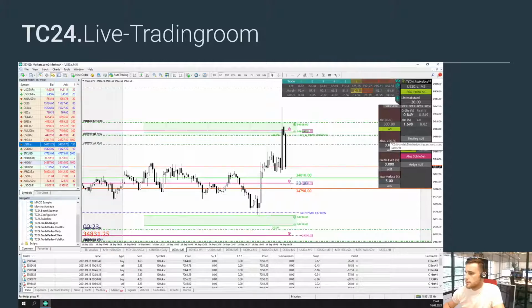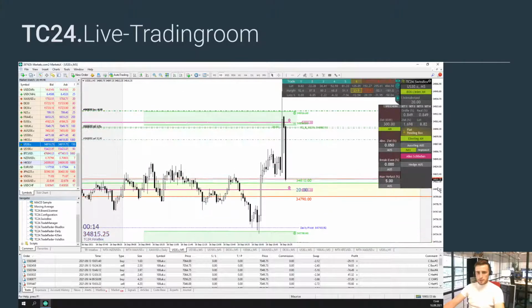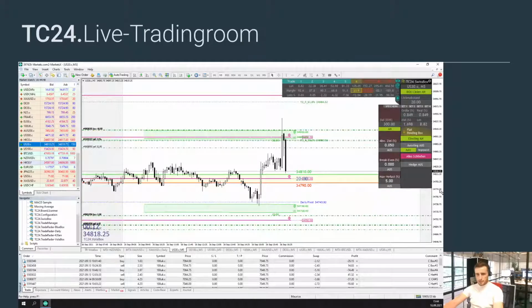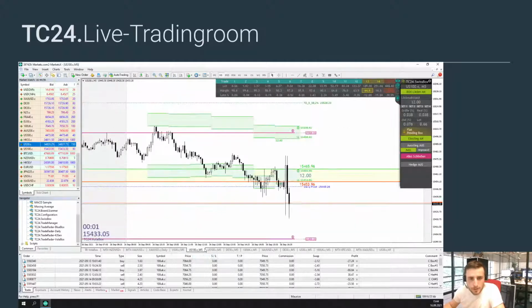So we can set this one up, see if we get an entry before the retracement. Not sure it's going to give it to us.